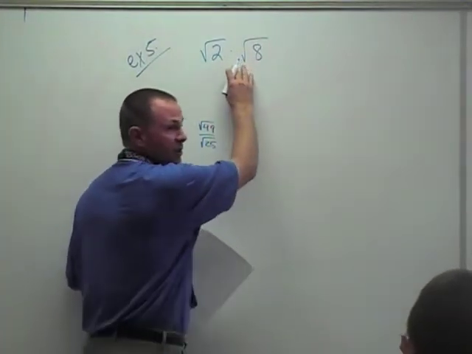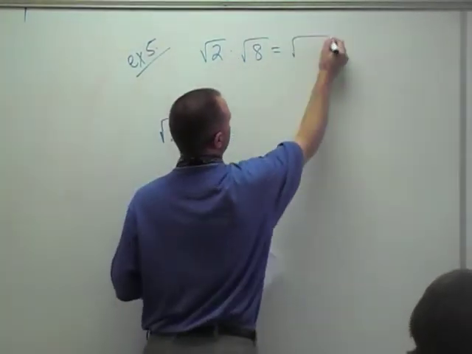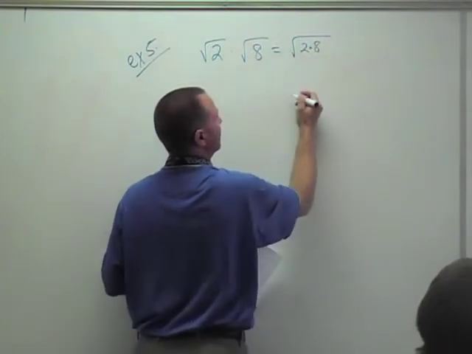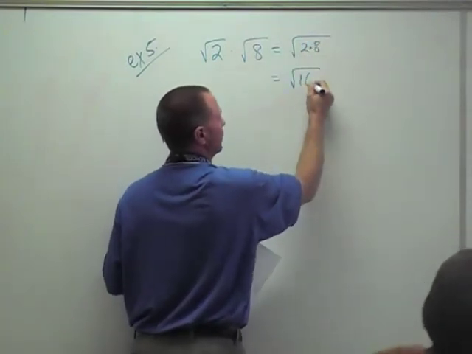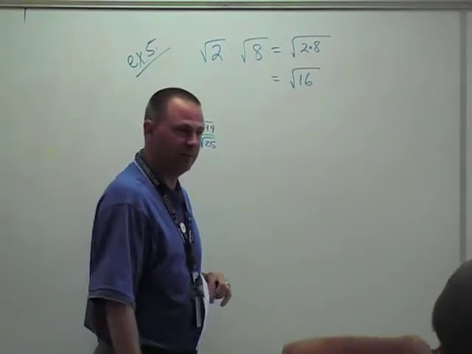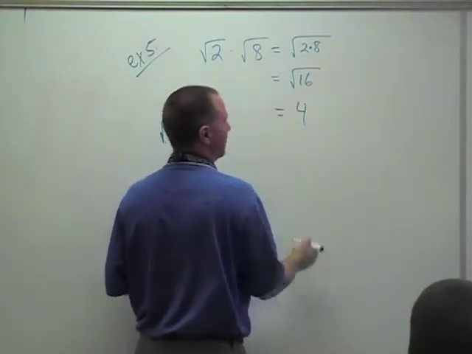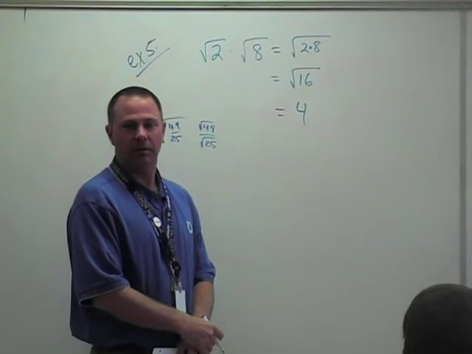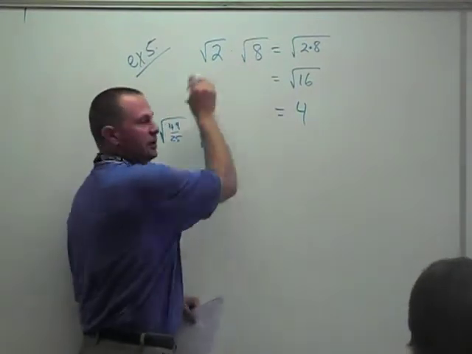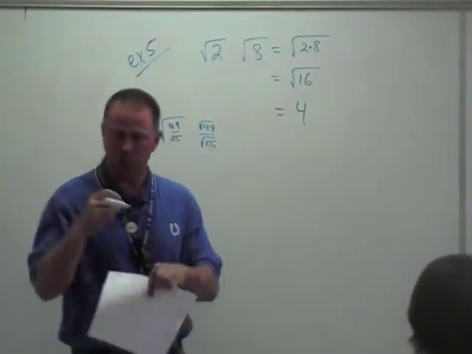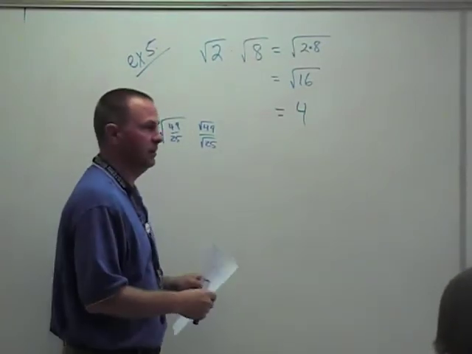Well, in multiplication, you can put this together. What's 2 times 8? 16. Now, do you know what the square root of 16 is? Sometimes it benefits you to put the things together. Those are 2 new things that you learned in 8th grade.